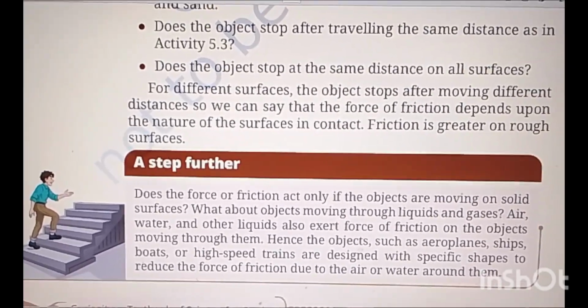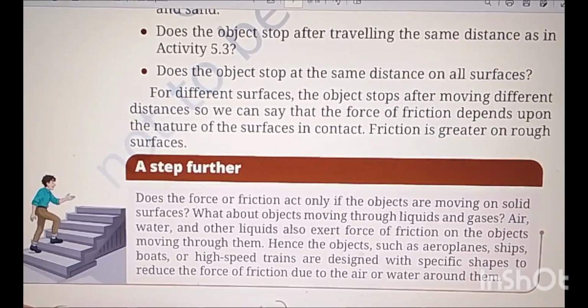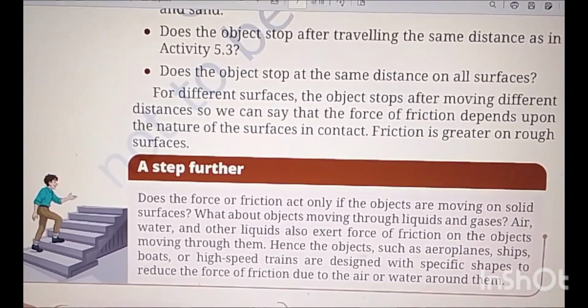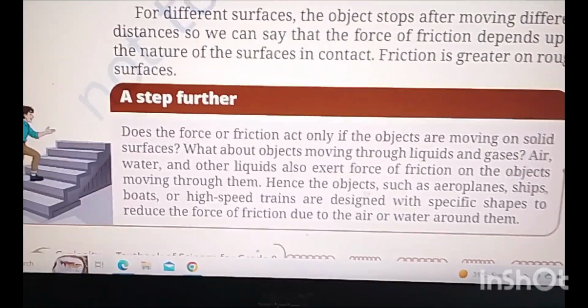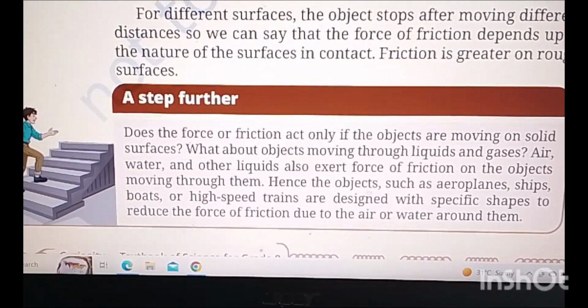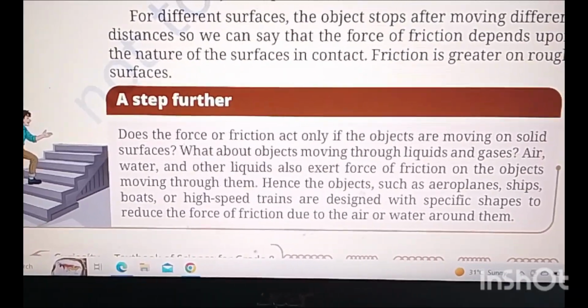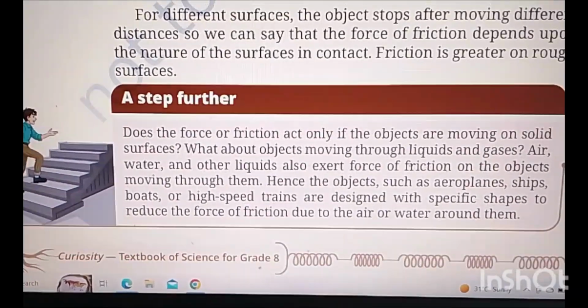The question here is whether in water and the gaseous state we feel frictional force. Yes, of course we feel the friction. That's why aeroplanes, ships, boats, high-speed trains are designed with specific shapes to reduce the force of friction due to air or water around them. Understand?